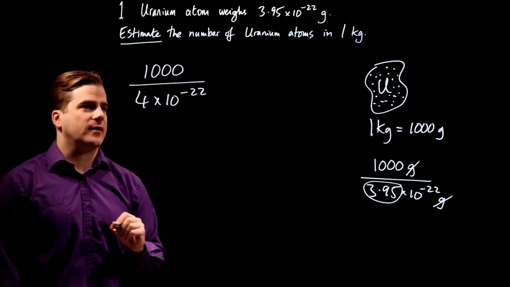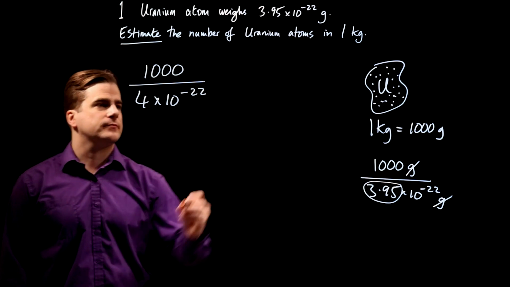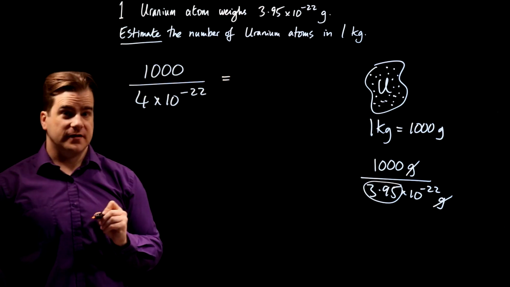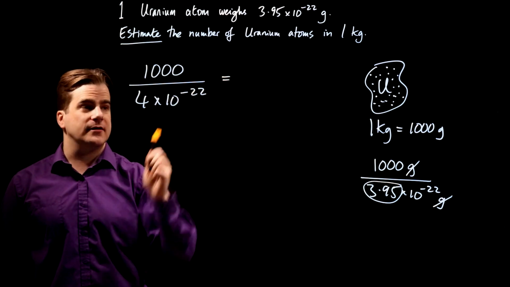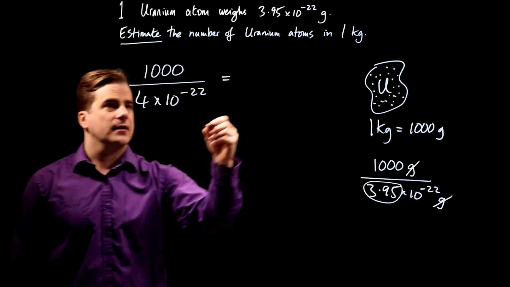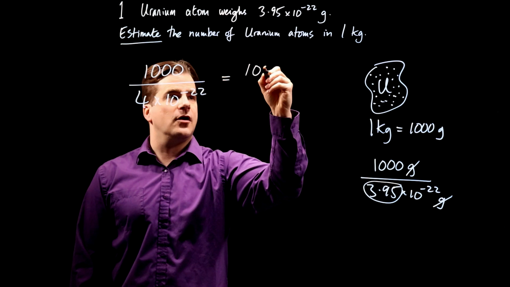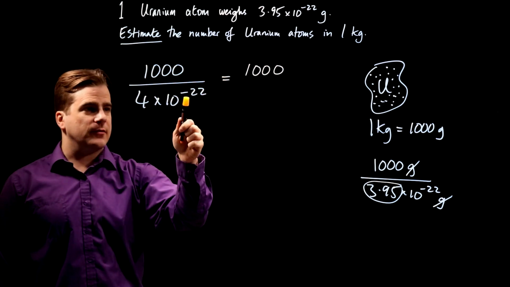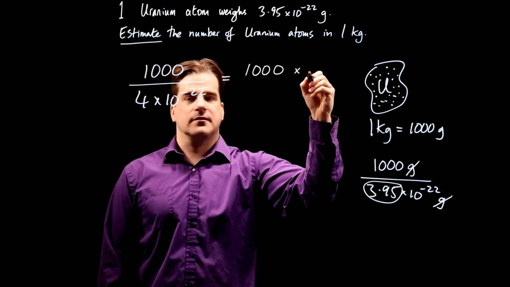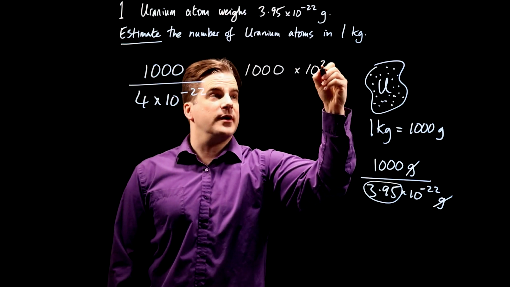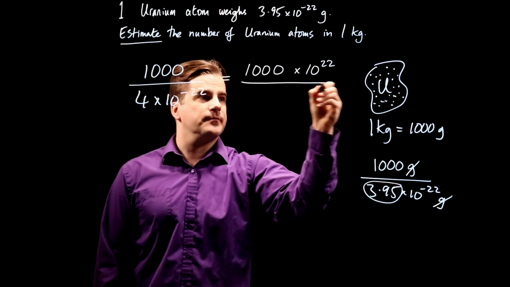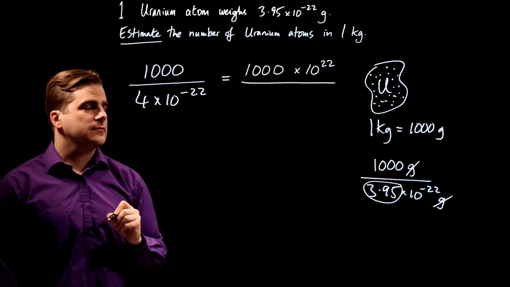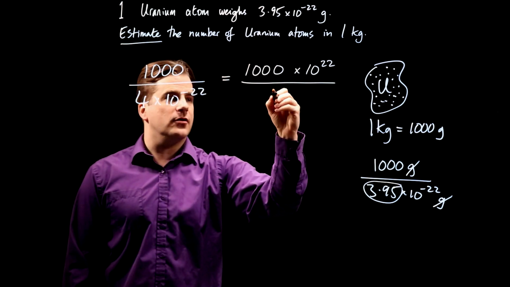Now, how do we do this without a calculator? Well, firstly, we've got 10 to the minus 22 on the bottom. So let's move that to the top. So that's the same as 1,000 times 10 to the 22 on the top, and we're still left with a 4 on the bottom.